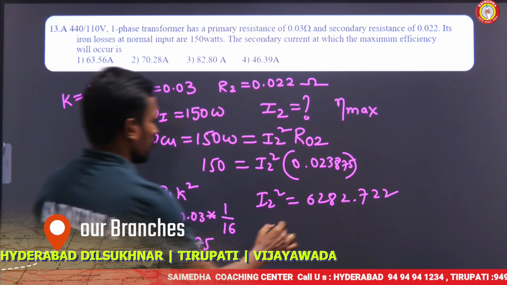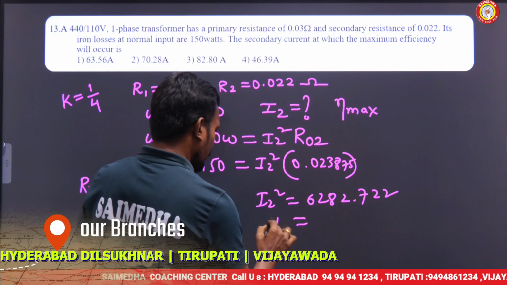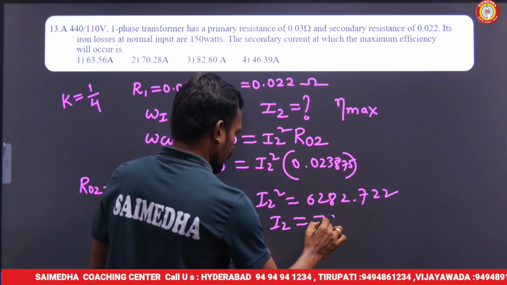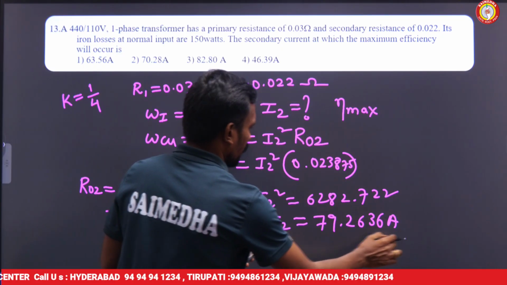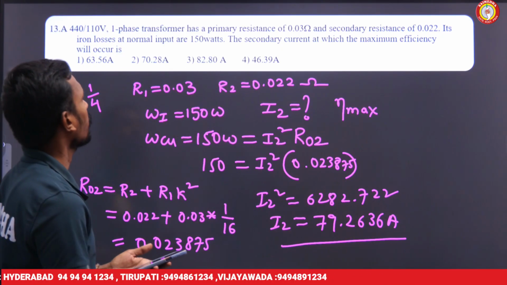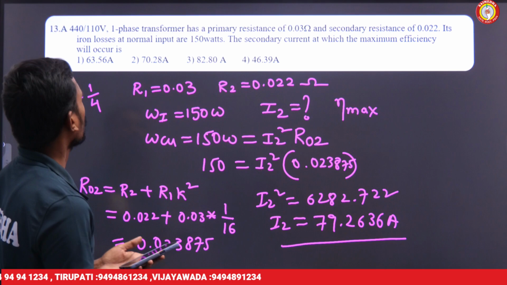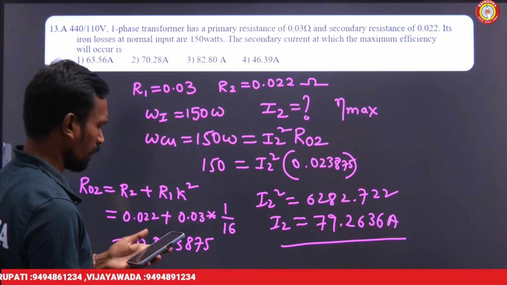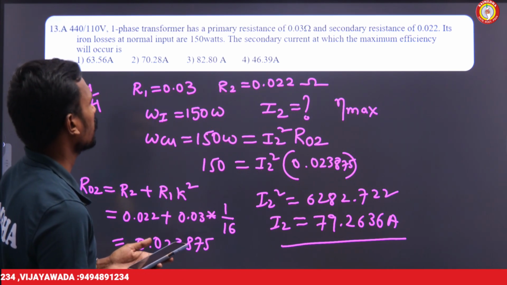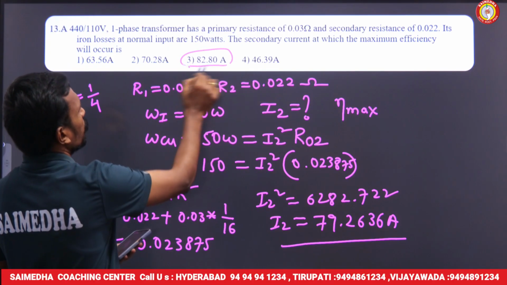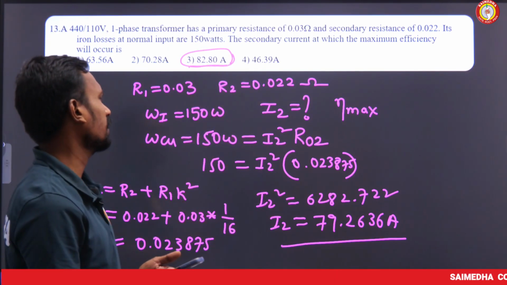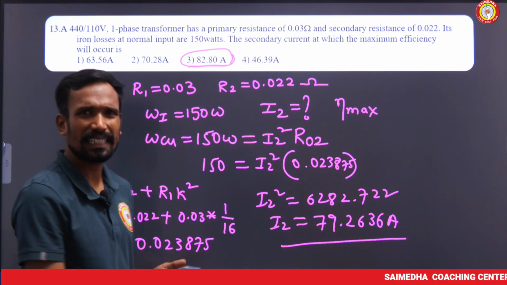The value of I2 is 79.2636 amperes. There is no exact value among the options, so we need to take some approximation. You may get this answer if you calculate exactly.